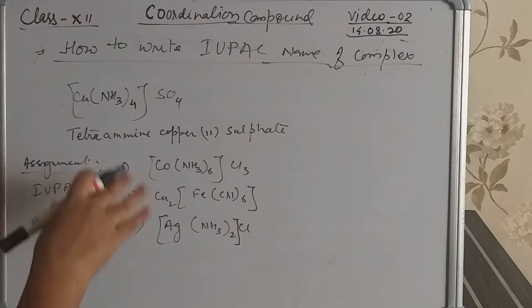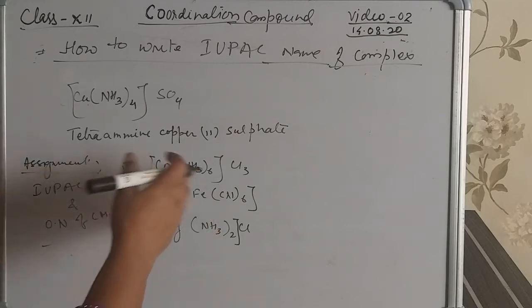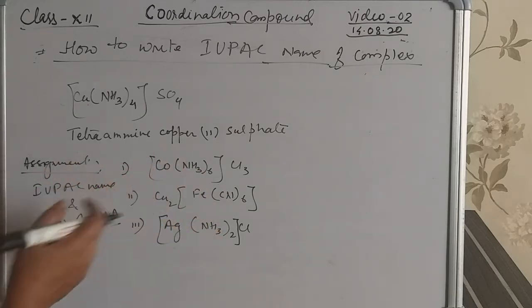That's enough for your assignment. The names of 3 complex compounds are given here. Write the ionic name and also find out the oxidation number of the central metal atom. Obviously it is present.